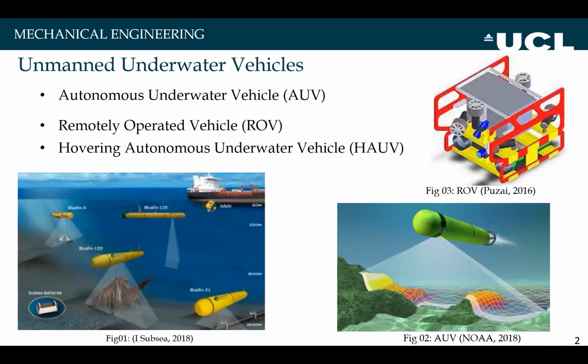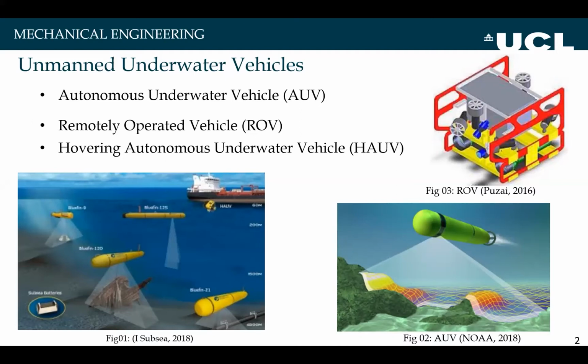So in my case, as I'm working on underwater transportation, I recommend this vehicle, and I used it in my research. But the disadvantage of it is that it is tethered.